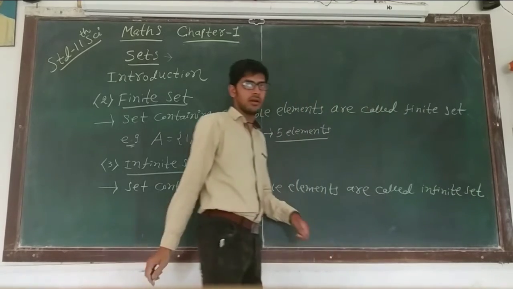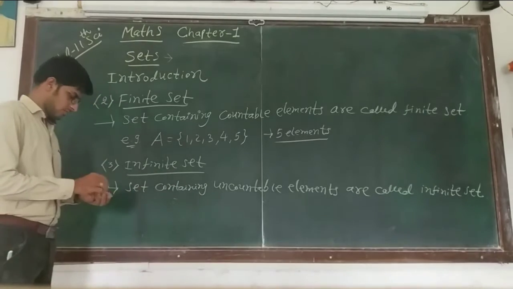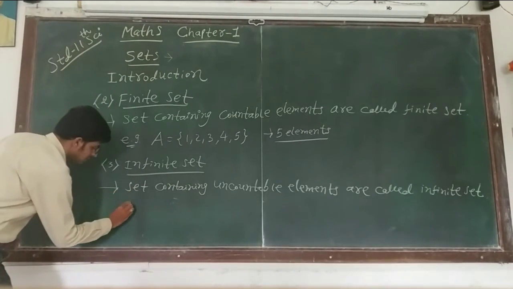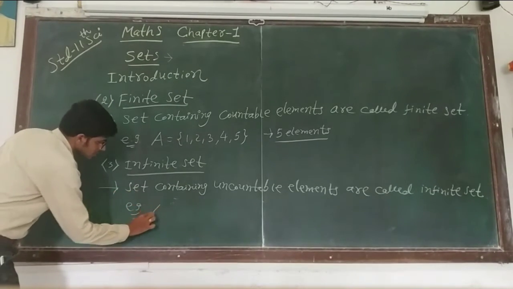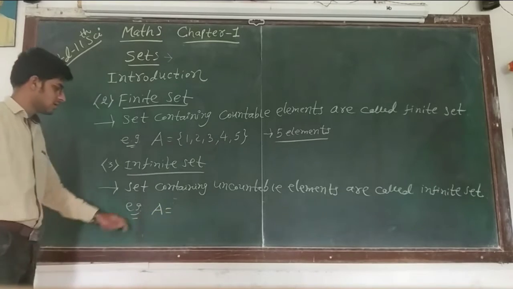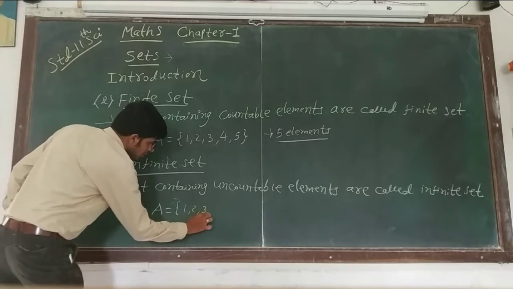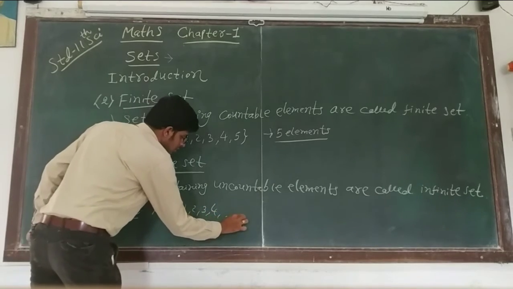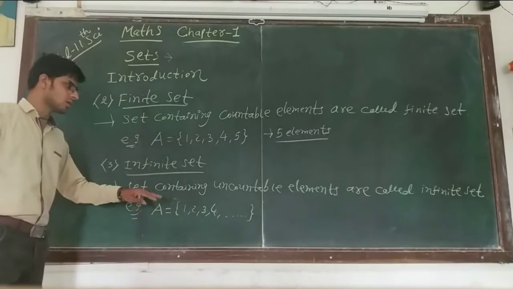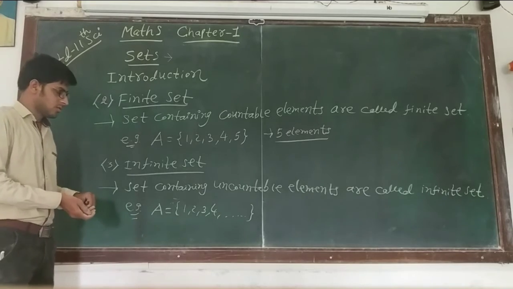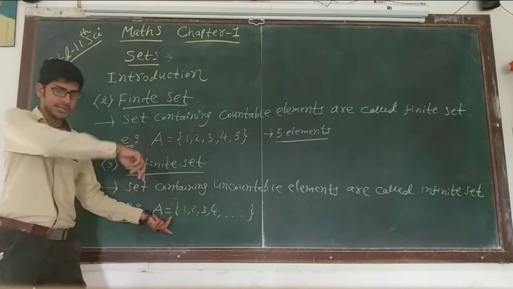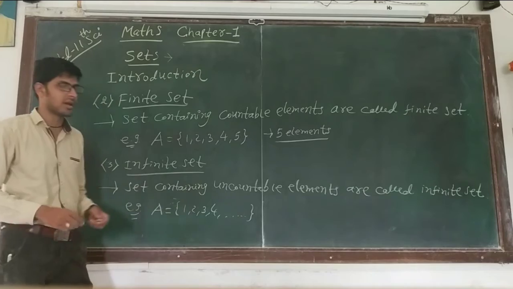Again I am writing one example of infinite set. Example, suppose I am writing set A is equal to {1, 2, 3, 4, and so on}. So it is not countable, it is uncountable. So there are infinite elements in this set, so it is an infinite set.